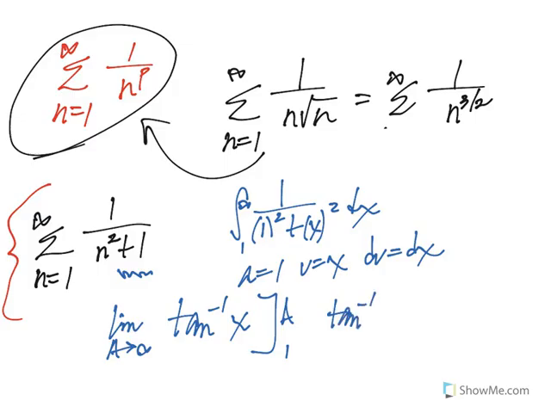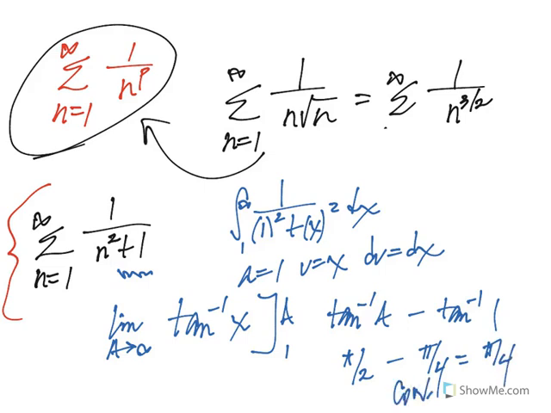And here we go: the arctan of a minus the arctan of 1. If you recall, the arctan of infinity is pi over 2. Arctan of 1 is pi over 4. This gives me pi over 4. So it converges by the integral test. Do not use the p-series test. It has to actually be in that form, as I said before.